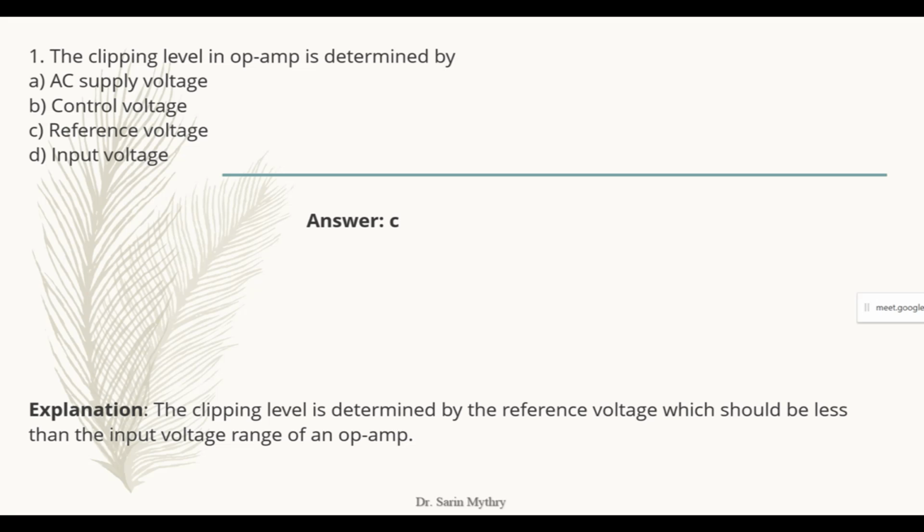If you see the explanation at the bottom, it says the clipping level is determined by the reference voltage, which should be lesser than the input voltage range of an op-amp. What is the input voltage range of an op-amp? If you give some input voltage, up to some particular level the op-amp produces the output, and after that the output of the op-amp gets saturated.